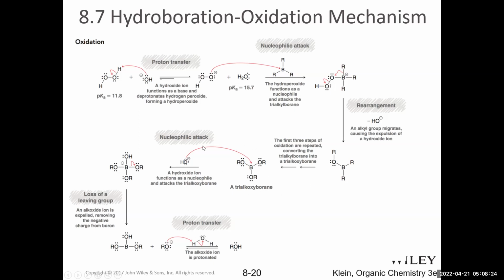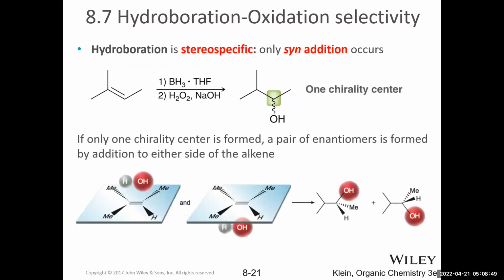At this point, hydroxide is still in solution and can still attack the boron, which is electrophilic, leading to a boron that's negatively charged, which can lose a group. So we can start kicking out these alkoxy groups, which can eventually be protonated with water to give us the alcohol product that we see in the hydroboration oxidation reaction.